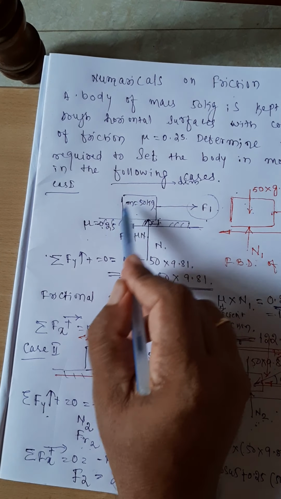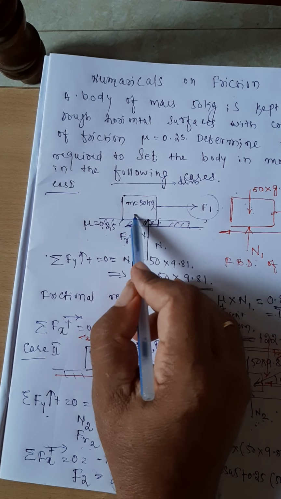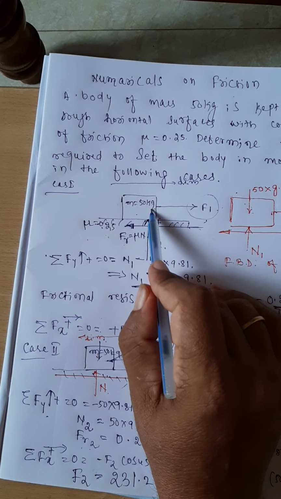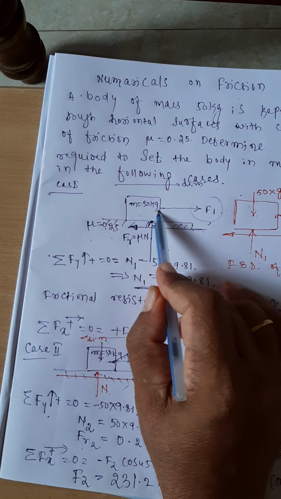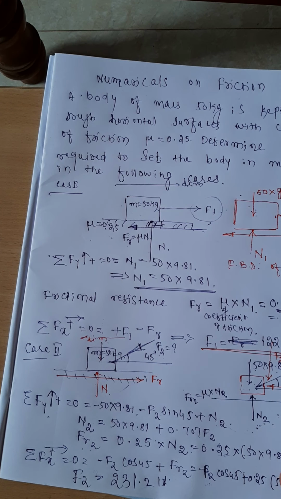Friends, just see here what we have analyzed, what our conclusion is. The block is same, the surface is same, frictional resistance is same. If you are applying the force in the horizontal direction, you need to apply a force equal to 122.62 Newton.